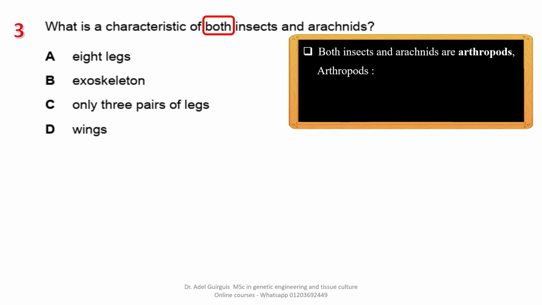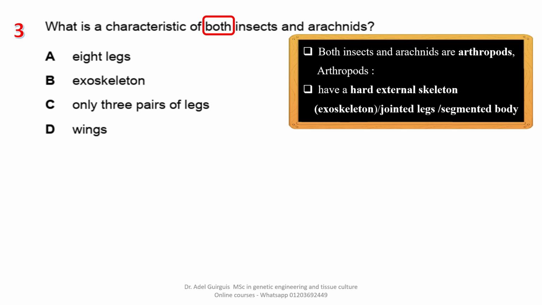Arthropods have certain common features, certain properties unique to arthropods, like they have a hard external skeleton called an exoskeleton, jointed legs, segmented body. So they share these features, both insects and arachnids. From this we can find the answer is B.